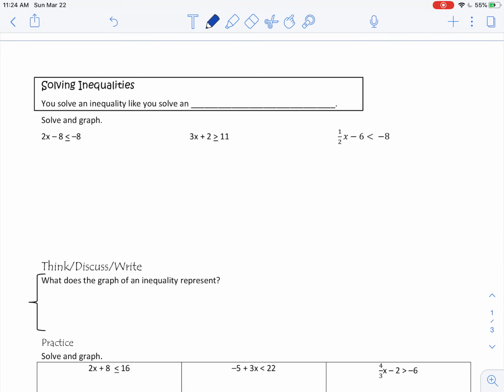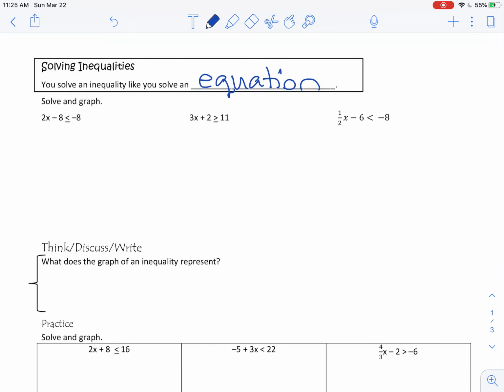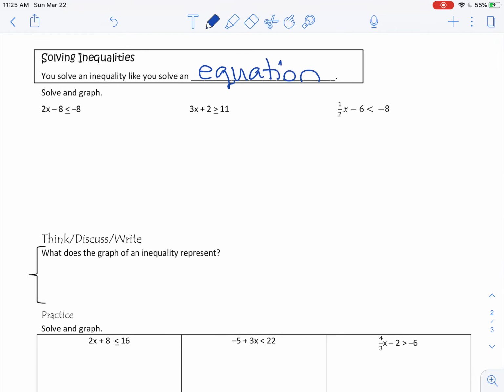Solving inequalities. You'll be glad to know that when you solve an inequality, these first ones that we're going to start with, you solve an inequality like you solve an equation. Most of you have gotten really good at solving equations, so you're going to use those same exact skills right now. It says solve and graph. If it was an equation, we draw a line through the equal sign, but that confuses us.